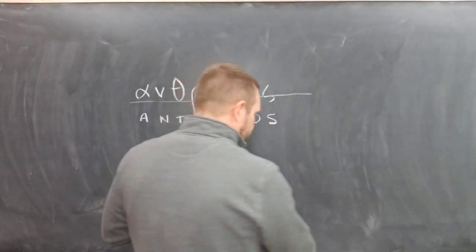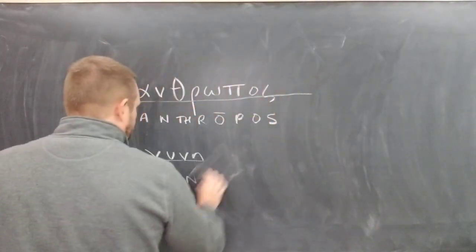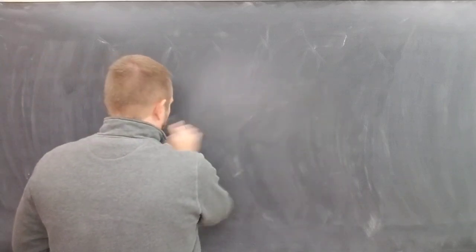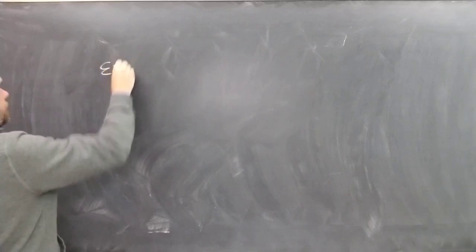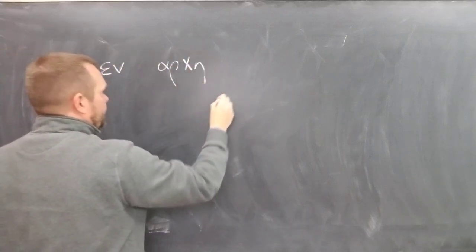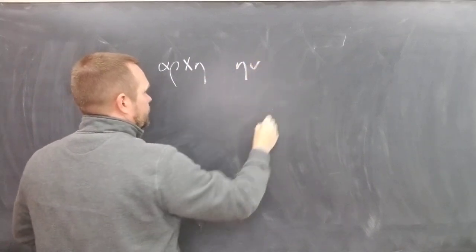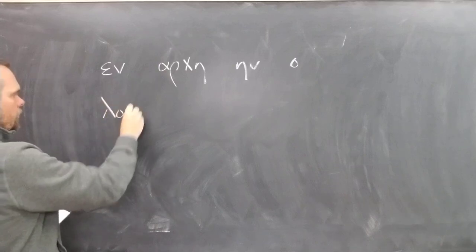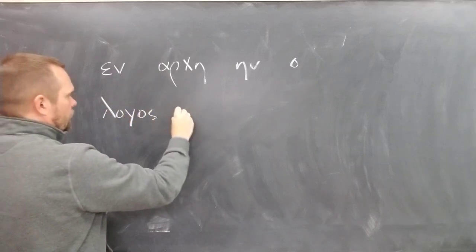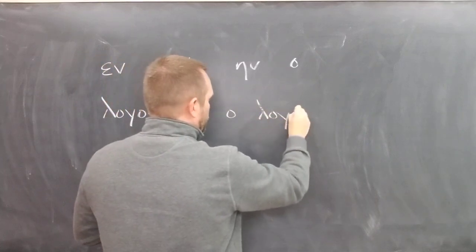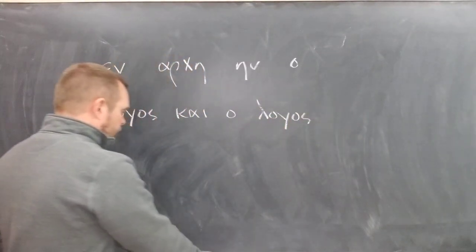In Greek reading, if you're working on Greek reading, which you should be, you'll get started with the Gospel of John. En arche ein ho logos kai ho logos, and so on.